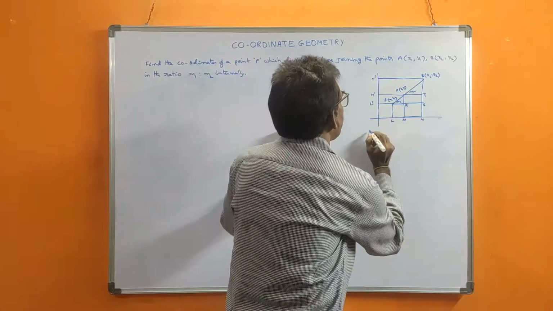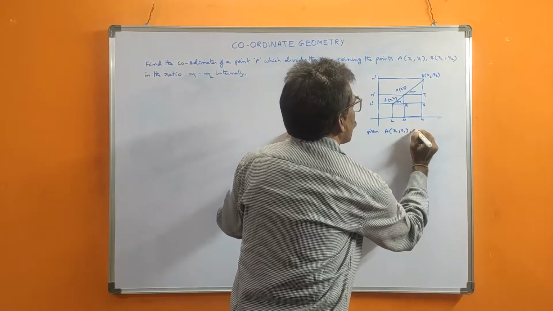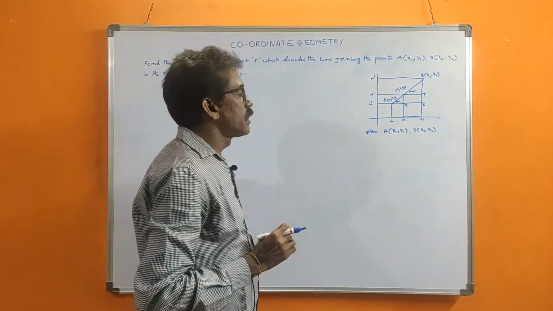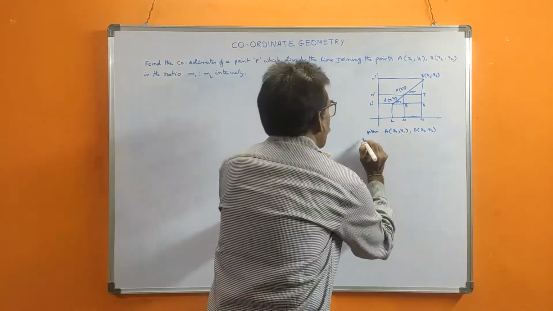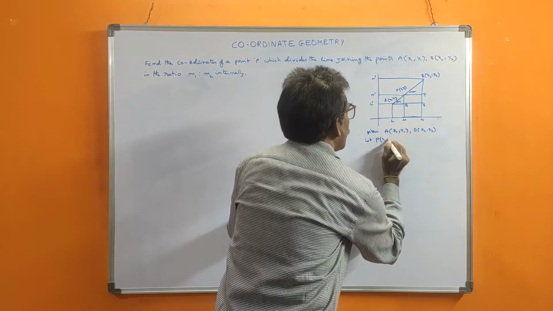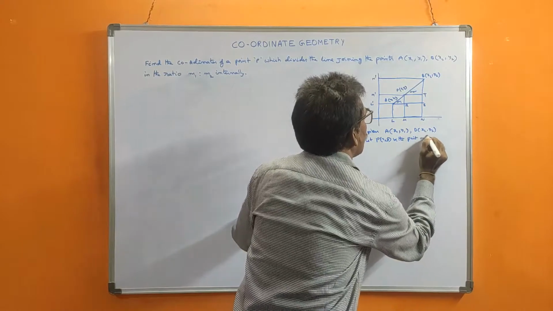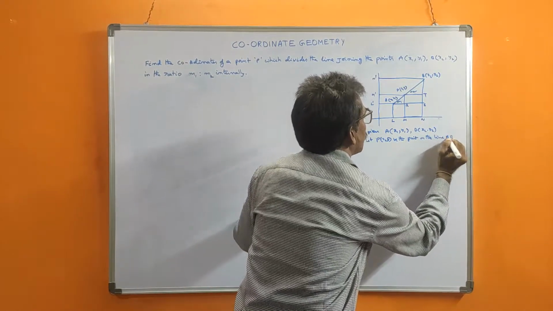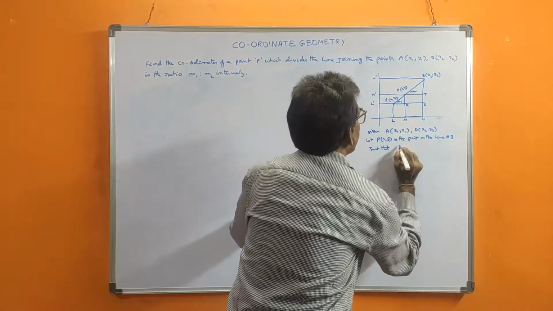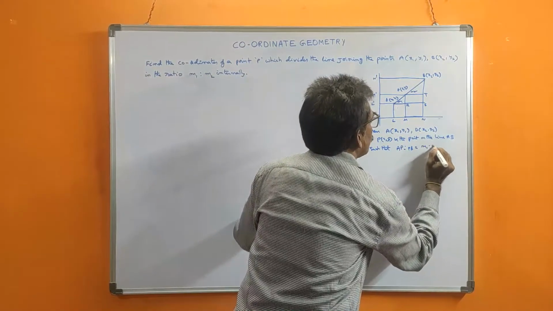Now see, given A (x1, y1) and B (x2, y2). Let P (x, y) be the point on the line AB, such that AP is to PB is equal to m1 is to m2.